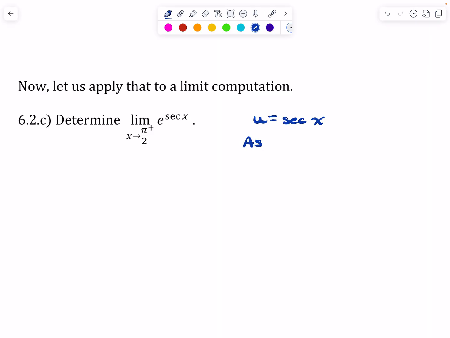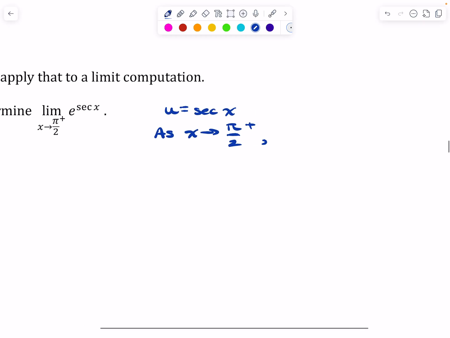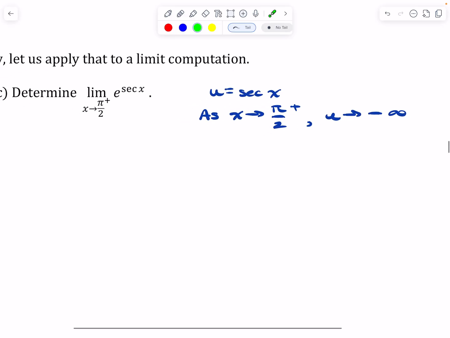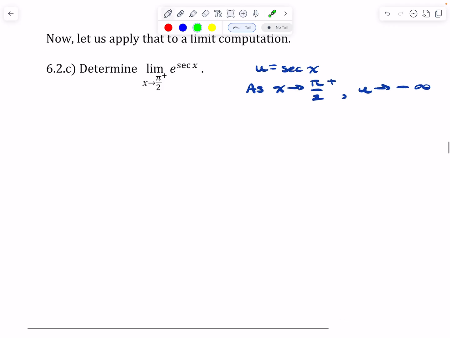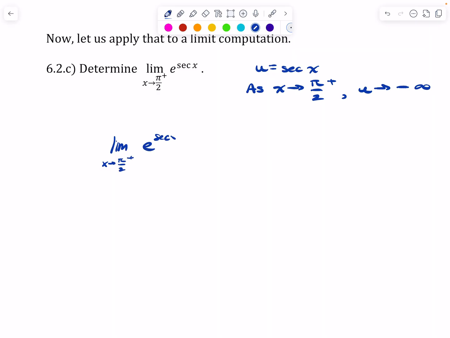And as we've noted, as x approaches pi over 2 from above, and using that because that's the limit assigned to us here, u approaches negative infinity, since we've already established secant of x would approach negative infinity.